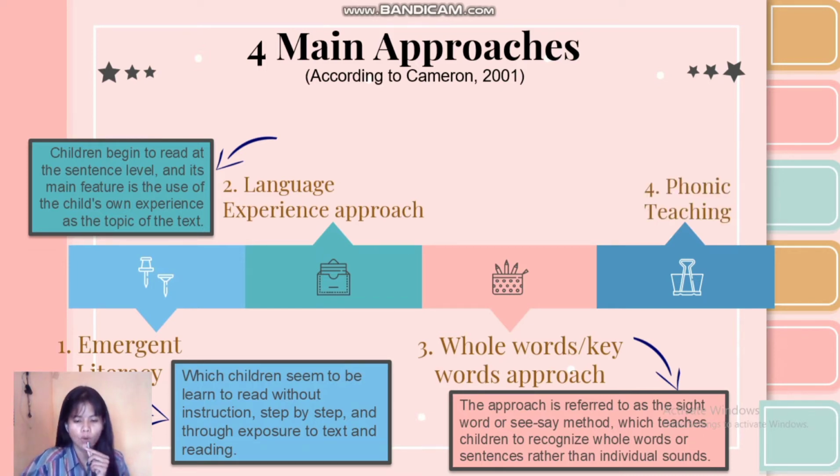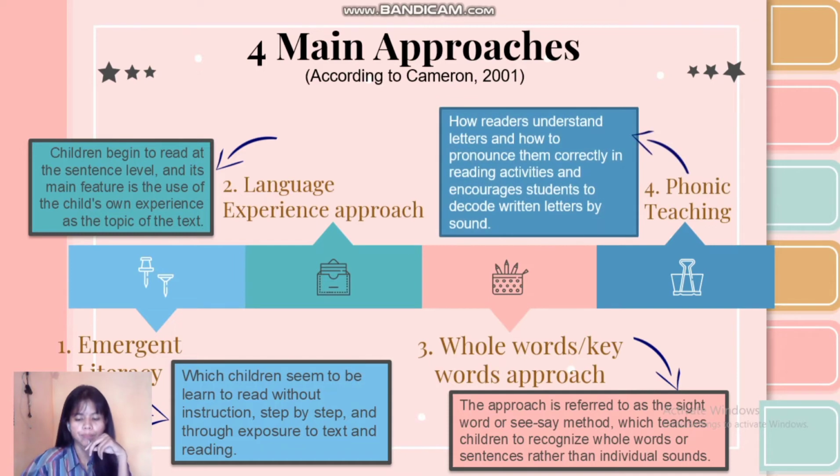And the last approach is phonic teaching. Phonic teaching is how readers understand letters and how to pronounce them correctly in reading activities, and it encourages students to record written letters by sound. So initially, the young learner is invited to recognize the sounds of the letters, and then the letters become syllables and words.